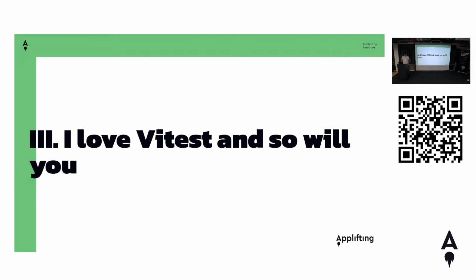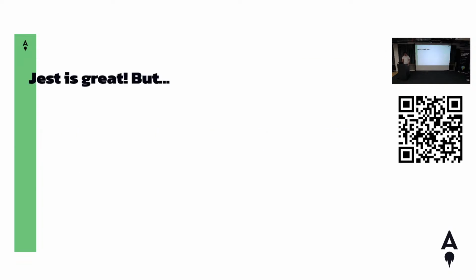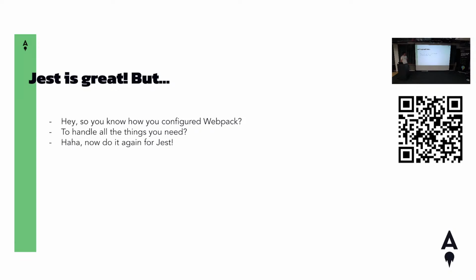OK, speaking of tests, let's talk about Vitest. Actually, let's talk about Jest. I like Jest, but there's this one little thing that irks me. Well, you need to configure it all over again, right?